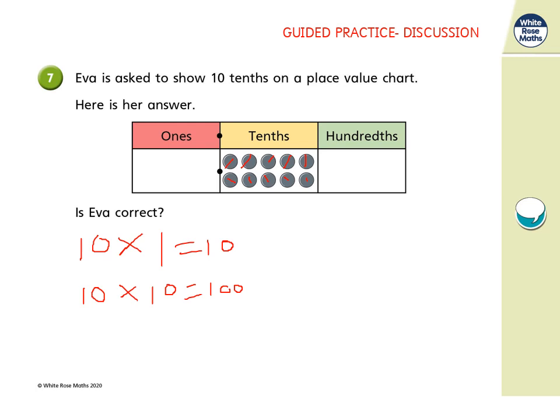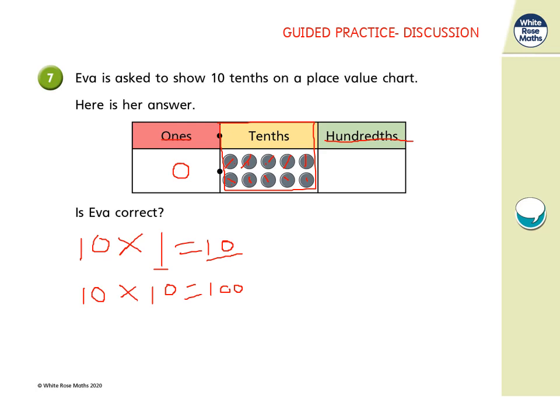Now, should I be able to exchange these 10 counters for something? Do you think it will be ones or do you think it could be hundreds? Now, if I had 10 lots of 1 pennies, I would exchange it for 1 10p. So thinking about that, I could exchange these 10 lots of tenths for ones counter.